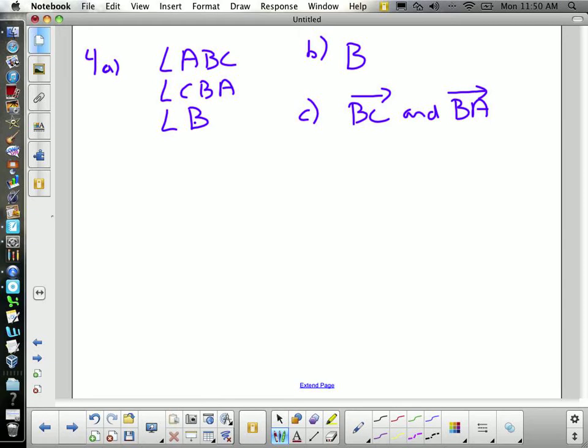How about number 6? What do you think is the best word there? It's equilateral. Do we know that it's equiangular? No, we do not. It looks like a square. It might be a square, but those angles might be 89 and 91. We don't know, not unless we're told. So equilateral would be the best choice.